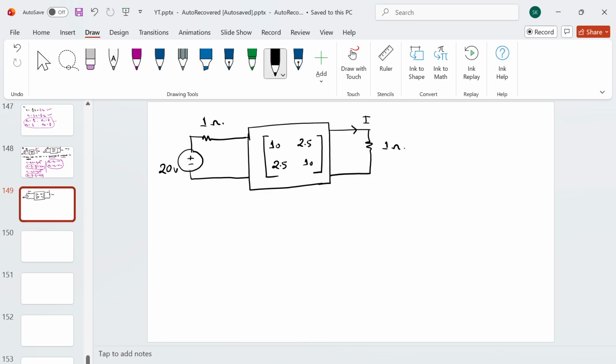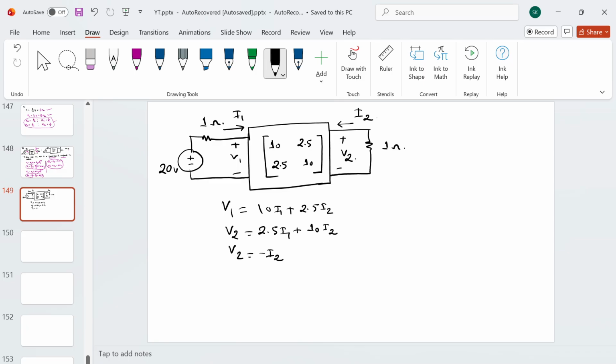So let me go with the two-port circuit notations. This is my I1, this is my I2, this is my V1, this is my V2. So I can write V1 equals 10 I1 plus 2.5 I2, and V2 equals 2.5 I1 plus 10 I2, and V2 equals minus I2.